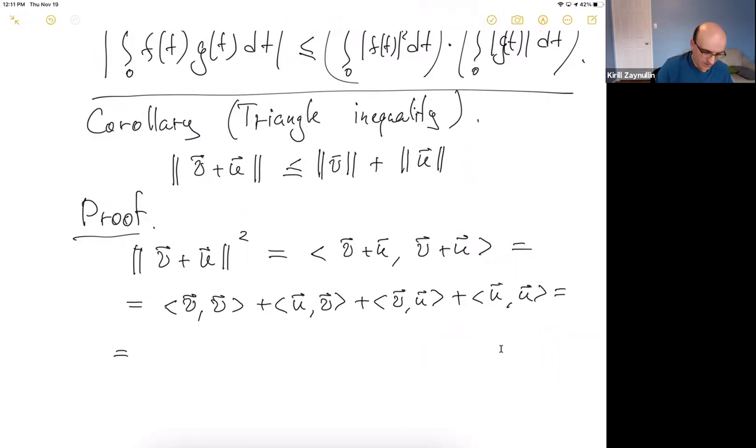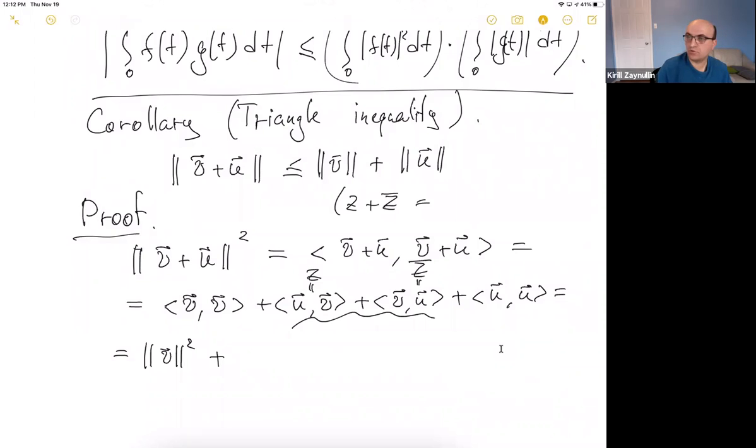And then, so what is V comma V? Well, it's just the square of the length, right? Plus, now one has to be a little bit careful here. So what is this? Look, this is z. If it's z, then this is z bar, right? And z plus z bar is a property of the complex numbers. Z plus z bar, what's that?